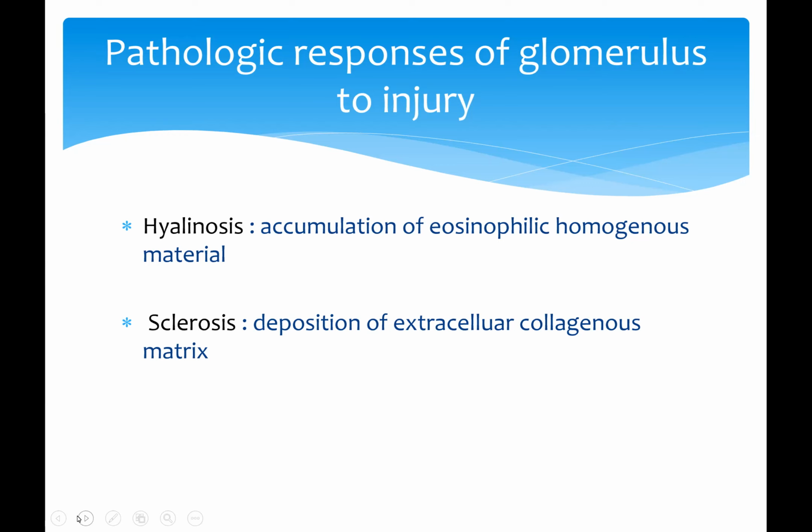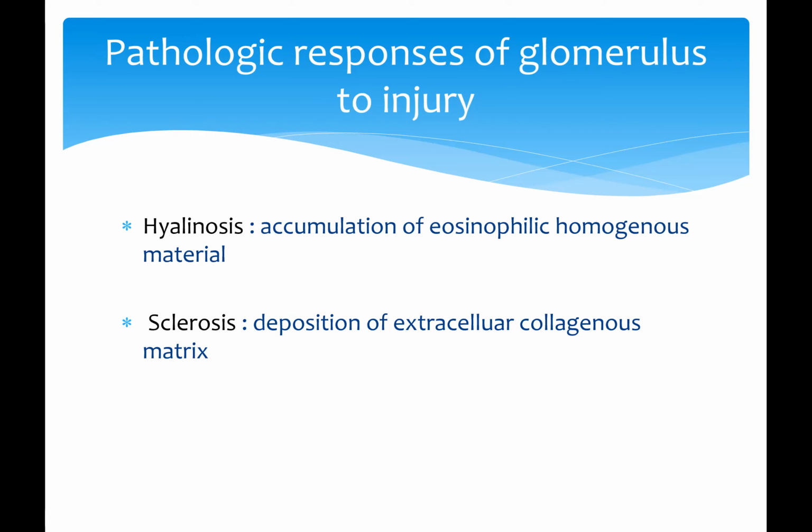The last is what we call sclerosis. When you say sclerosis, the C there should remind you of collagenous matrix. It may be confined to the mesangium. It may also be that the sclerosing process may result in obliteration of the capillary lumens of the affected glomeruli.